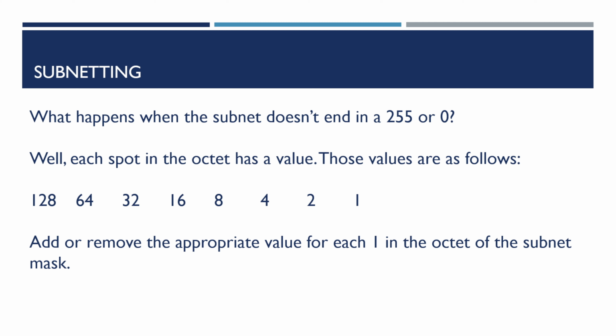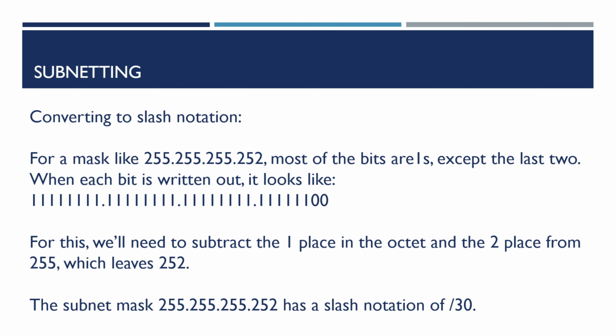We're going to add or remove the appropriate value for each 1 in the octet of the subnet. So we're going to take a little example of this here. For a mask such as 255.255.255.252, most of the bits are 1s except the last 2. When each bit's written out, the first 3 octets, we already know they're all 1s based on those 255s.